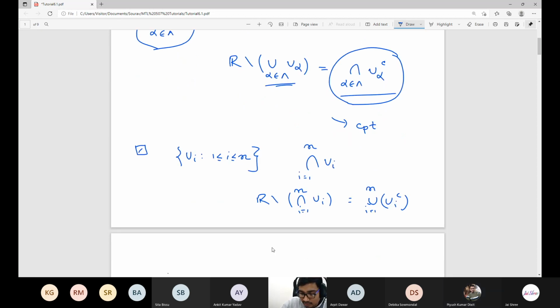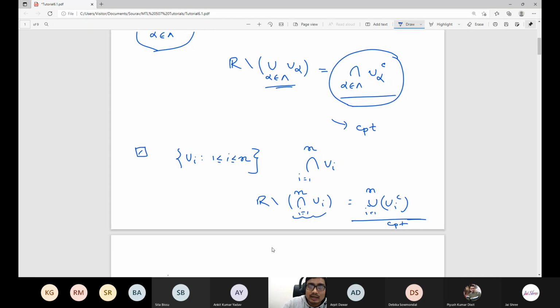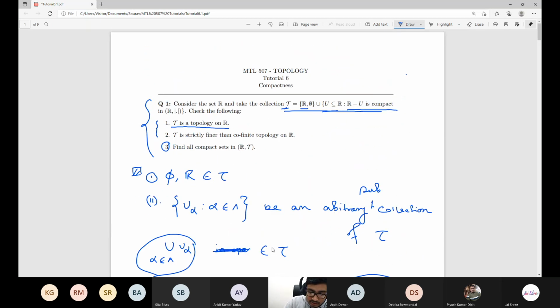This is compact, and so this intersection is in tau. So we are done with the first problem. Therefore tau is a topology.